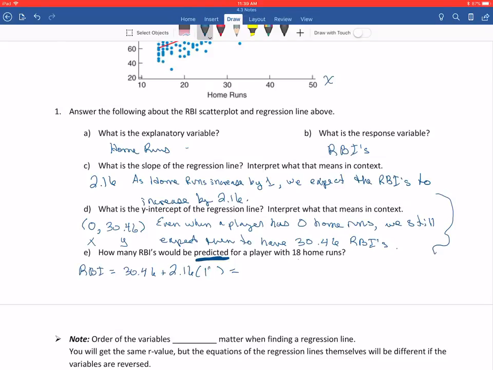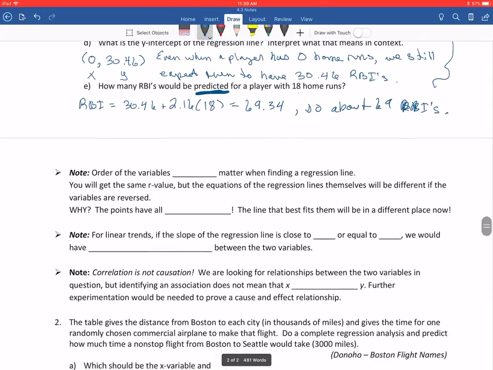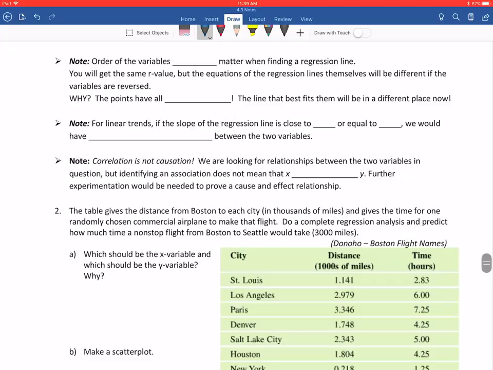So I'm going to move that out of there, and I'm going to put 18 in right here. And then I'm going to use my calculator and calculate that out. And when I do that, I get 69.34. So I might say about 69 RBIs. And that's how we use our regression equation to make predictions.